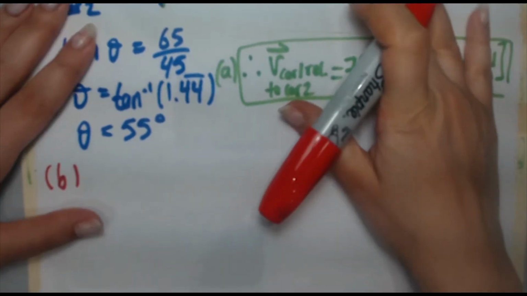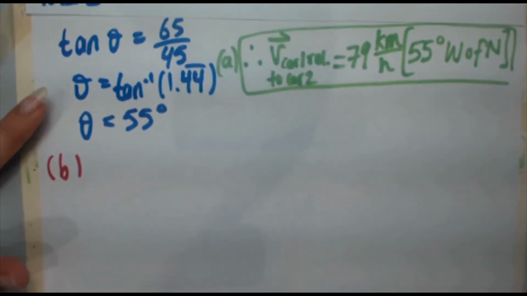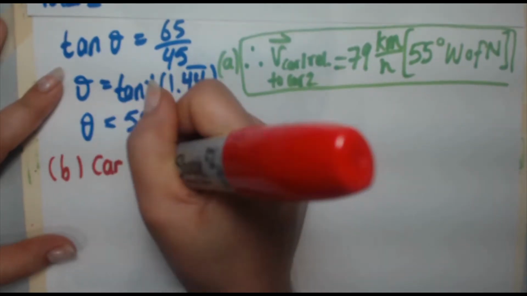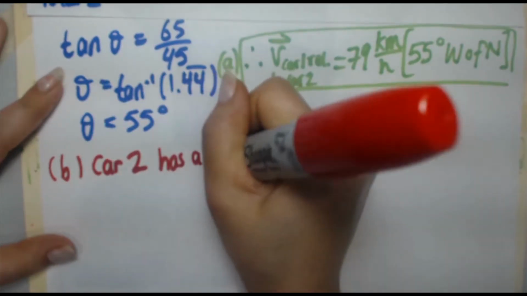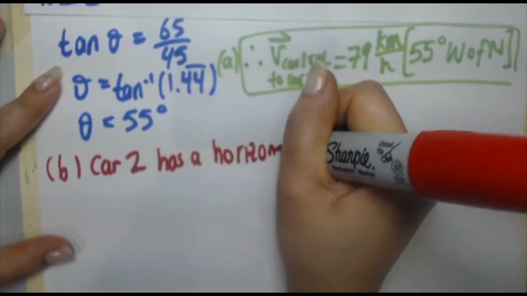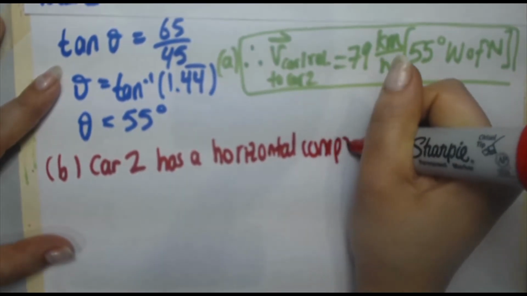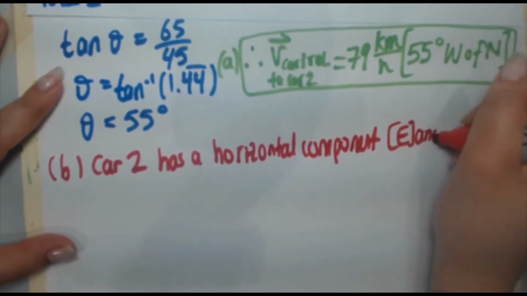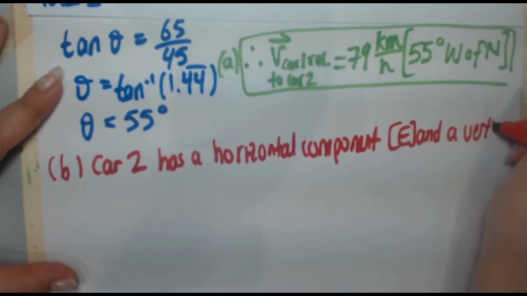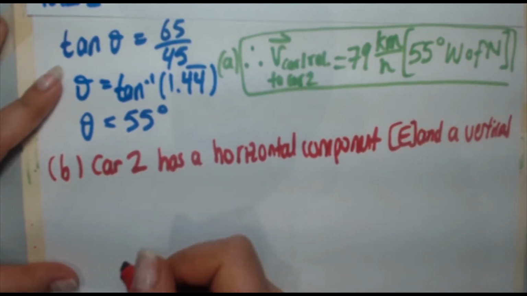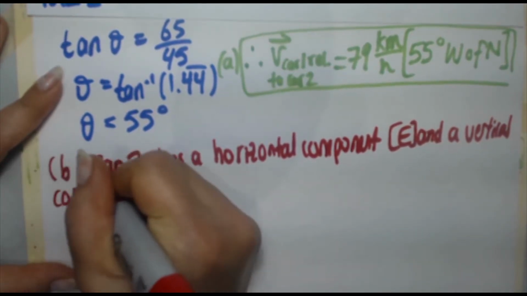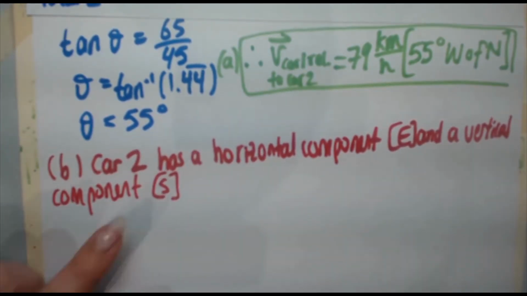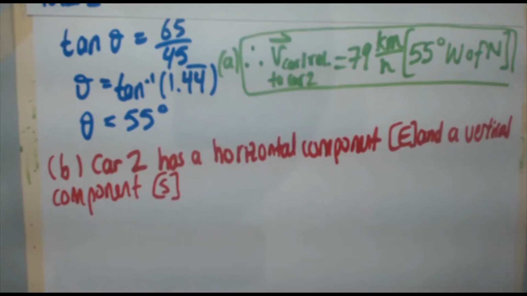So for part B, we're going to assume car 1 is not moving, and we're going to also assume that car 2 has a horizontal component, east. This is its velocity, by the way. And a vertical component, south. Okay, again, it has to be south because it's getting closer to car 1.